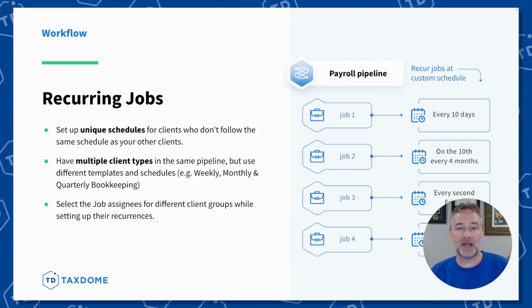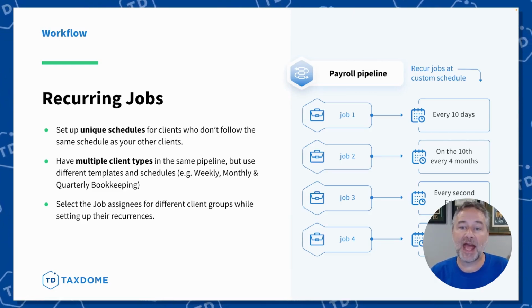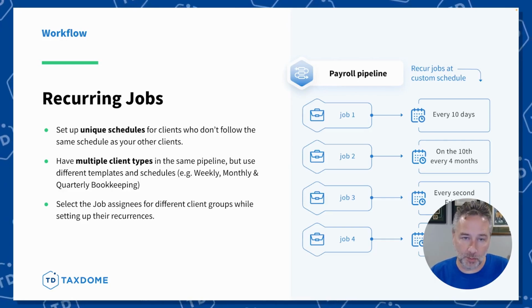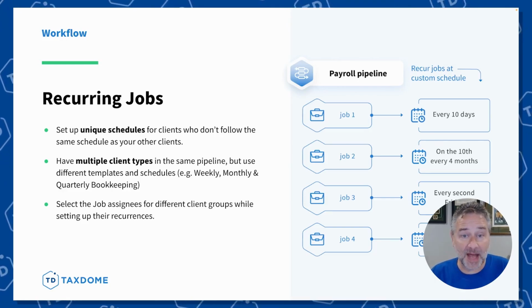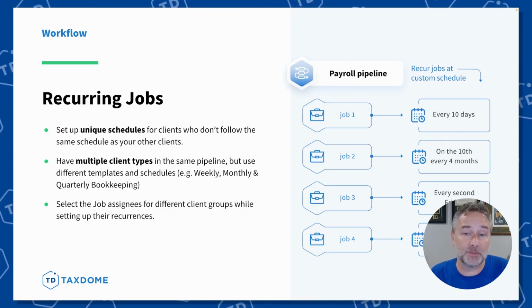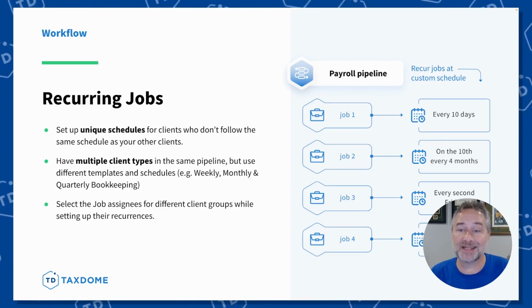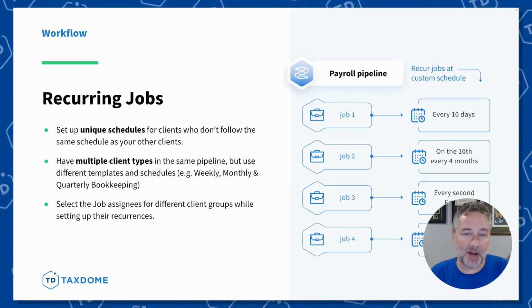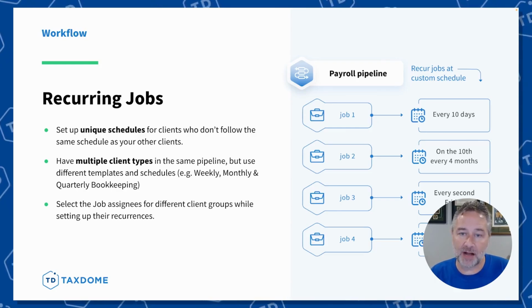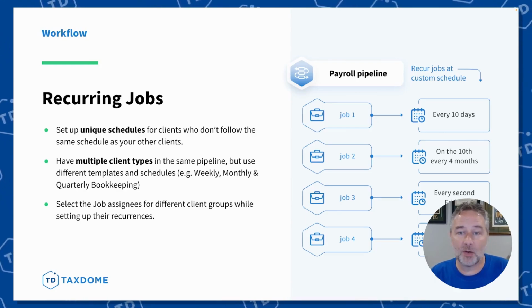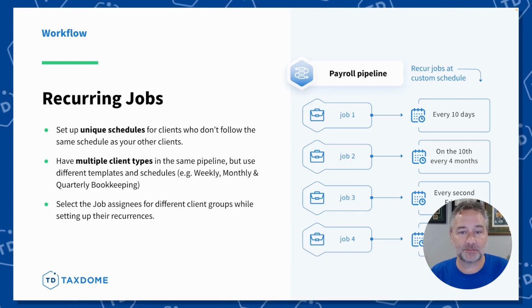Another example would be if you had your team members handling different client groups. You could set them as assignees for their respective clients in the recurrence settings, and every time the pipeline creates a new job for them, the correct person would automatically get assigned.